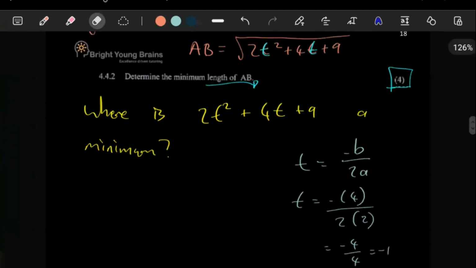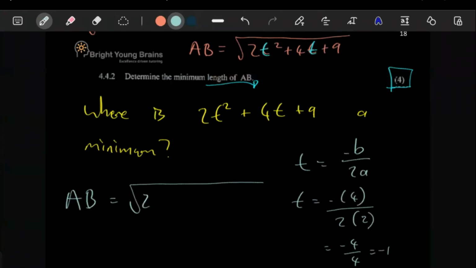The minimum length is found if you throw in negative 1 where t is. So it's going to be 2 times negative 1 squared plus 4 times negative 1 plus 9.